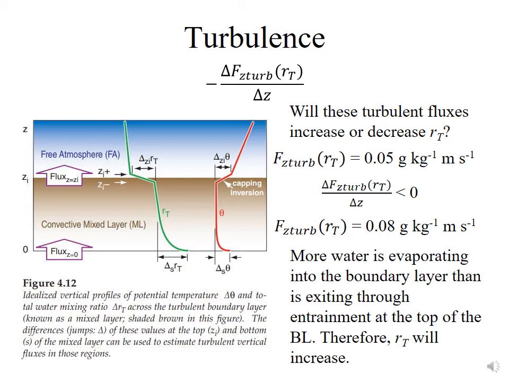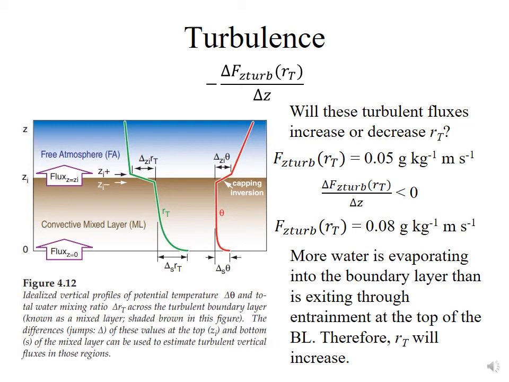For this scenario, we're going to define the flux of water vapor at the top of that boundary layer. So FZ turbulence at the top of the boundary layer is going to be 0.05 grams per kilogram times meter per second.